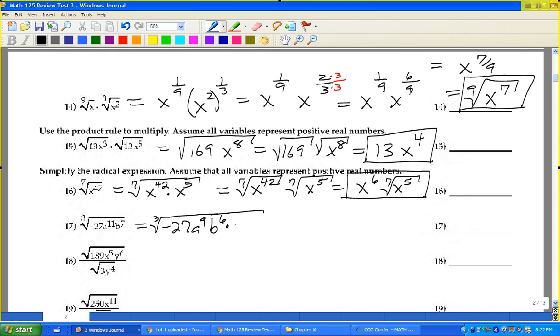A to the ninth times a squared is a to the 11. B to the sixth times b to the first is b to the 7. And so this is equal to the cube root of negative 27 is negative 3. The cube root of a to the 9, well, 9 divided by 3 is 3. The cube root of b to the sixth, 6 divided by 3 is 2, times, well, the cube root of a squared b. And that is your answer.